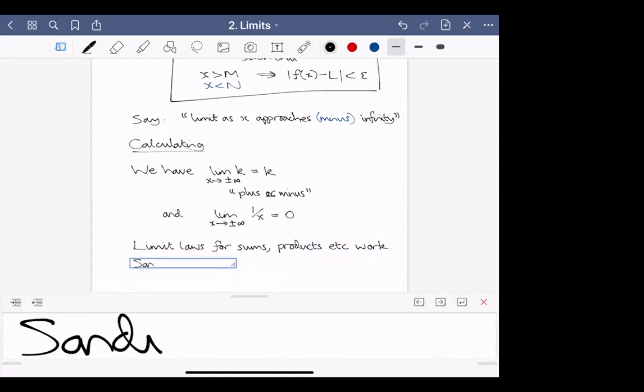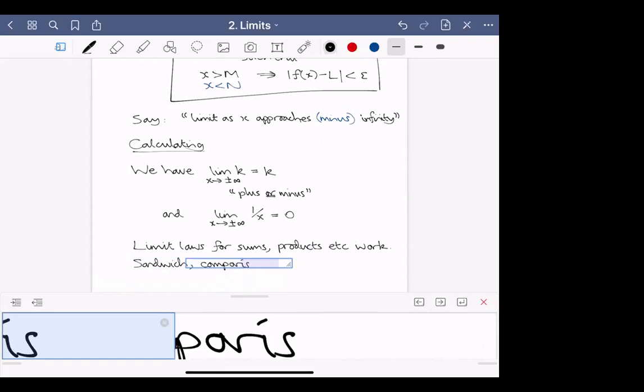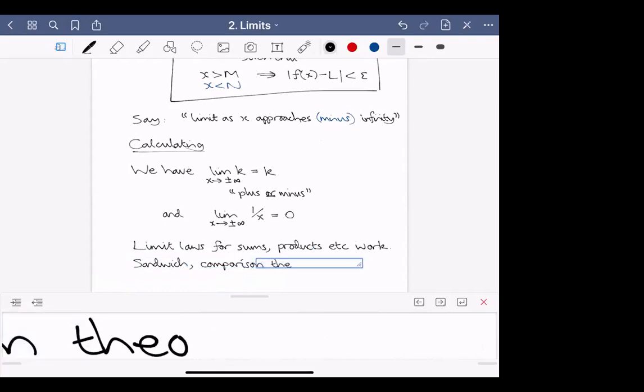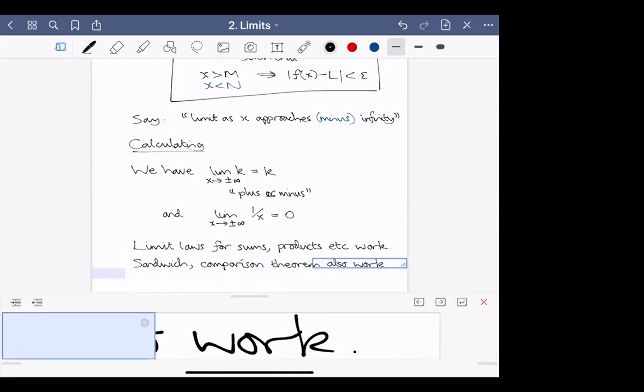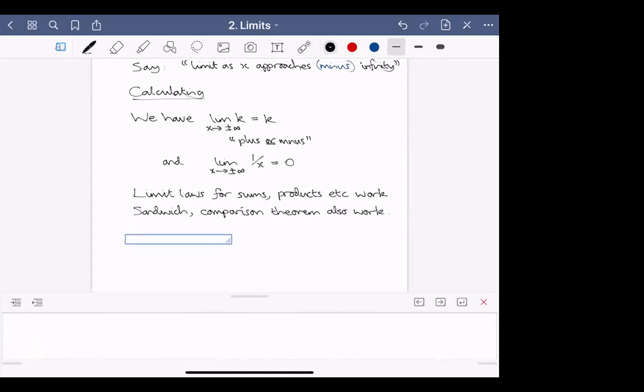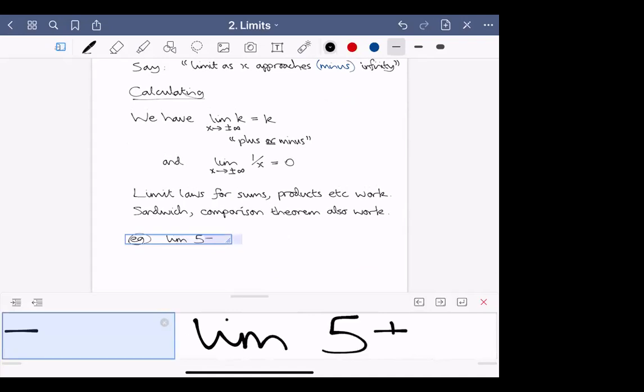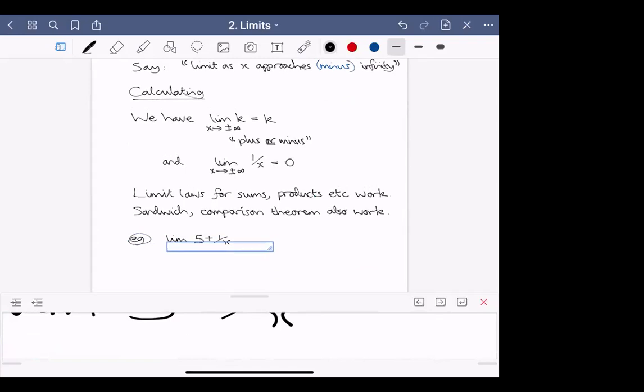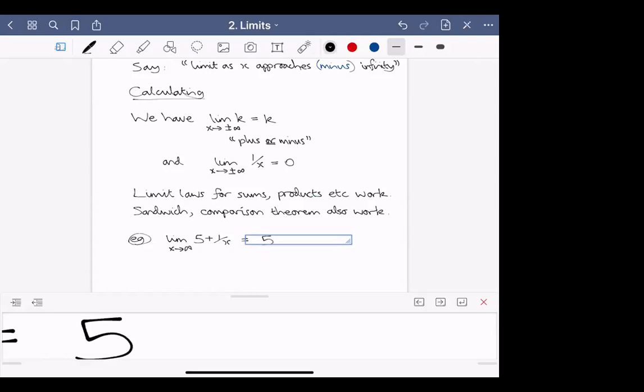And the sandwich and comparison theorems also work. So let's give a few examples. The limit of 5 plus 1 over x as x goes to positive infinity. Well, that's a sum, so it's the limit of the sums. The limit of the constant is the constant 5, and the limit of 1 over x is 0. So we get 5.